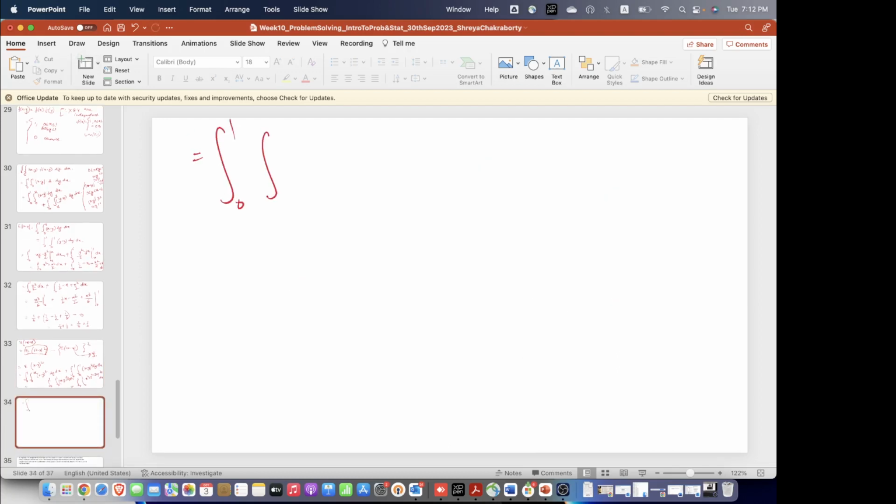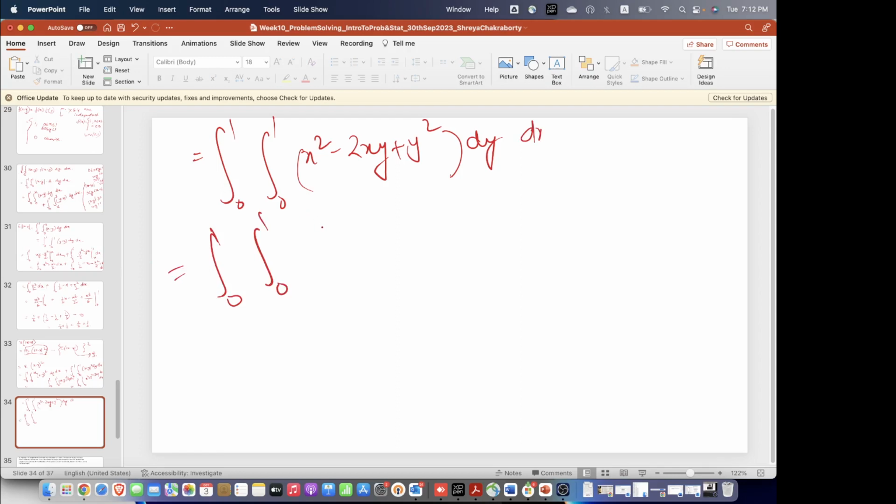0 to 1, x square minus 2xy plus y square dy then dx. So this would be 0 to 1, x square y minus 2xy square by 2 plus y cube by 3, into dx.